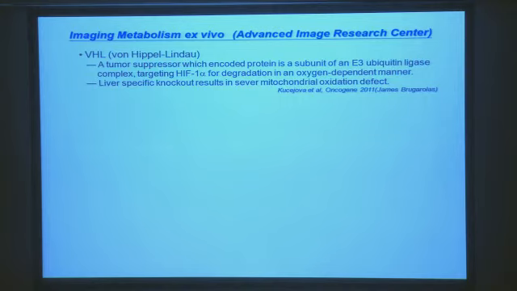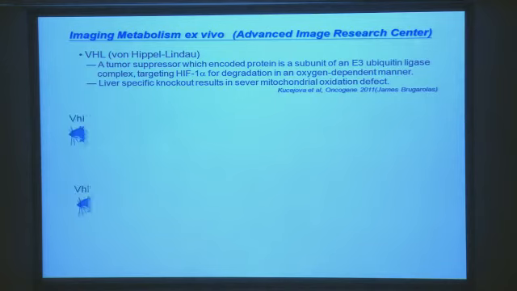We use a VHL knockout mouse model, which was generated by Dr. Bugnola's lab. VHL is a tumor suppressor, which encodes a protein, the subunit of an E3 ligase complex, targeting HIF1 alpha for degradation. Surprisingly, they found the liver-specific knockout resulting in a severe mitochondrial oxidation defect.